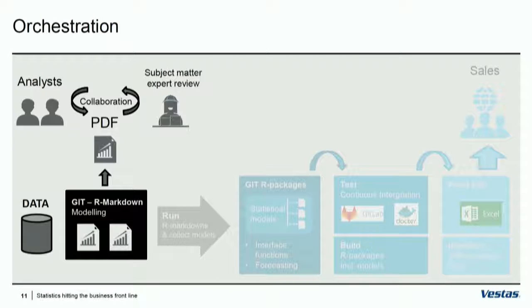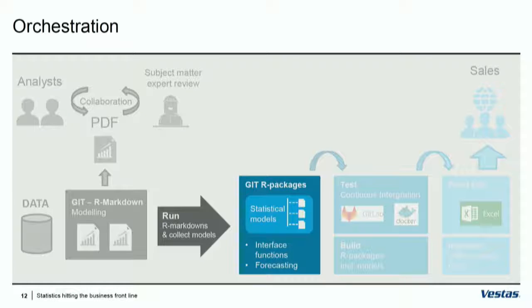So basically you see we have the data. We put an aggregated version into Git with the markdown, so we can easily produce a PDF report and reproducible analytics. We share it with the subject matter experts, and that's all stored in the same Git repository.